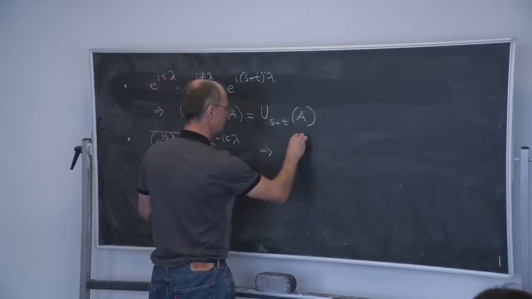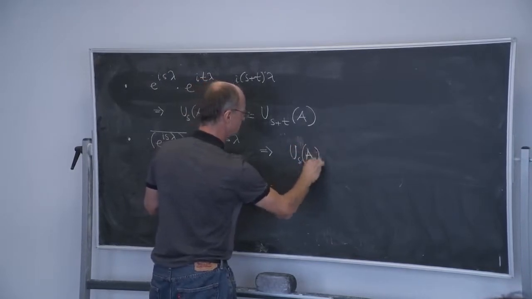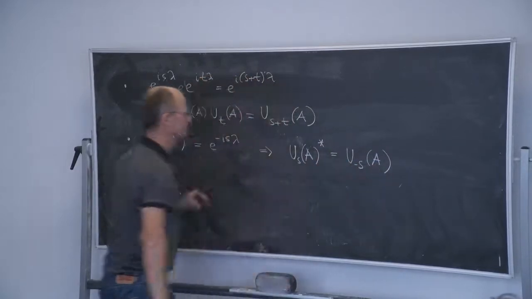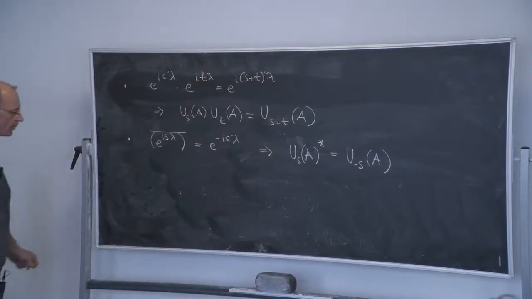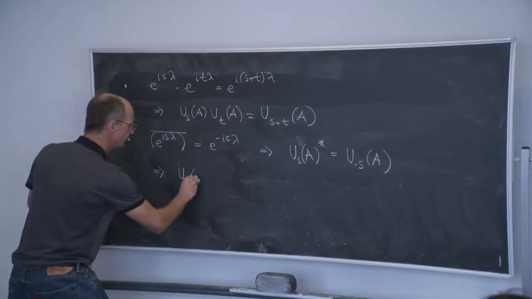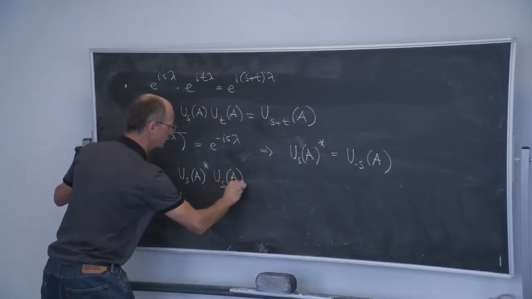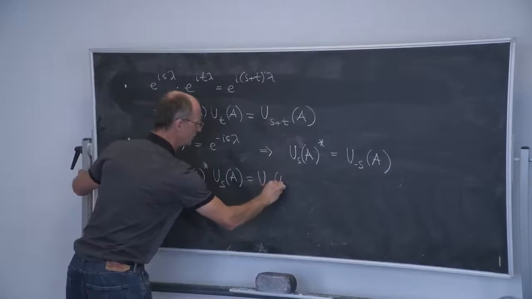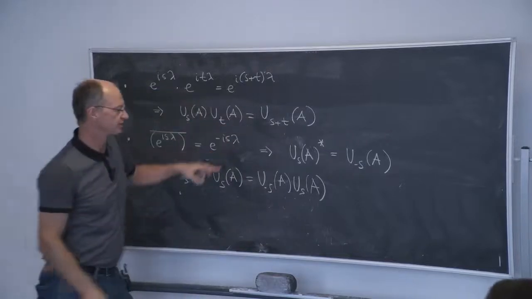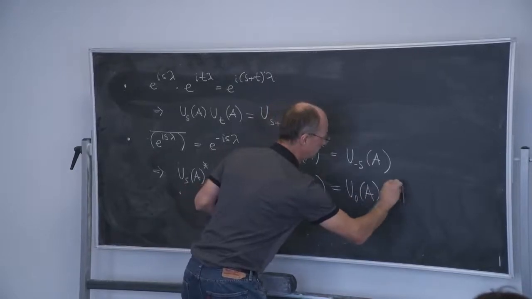This means that U_s of A star is equal to U_{minus s} of A. And of course, this implies U_s of A star times U_s of A is U_{minus s} of A times U_s of A. And by this property, it is equal to U_0 of A, and it is equal to 1.